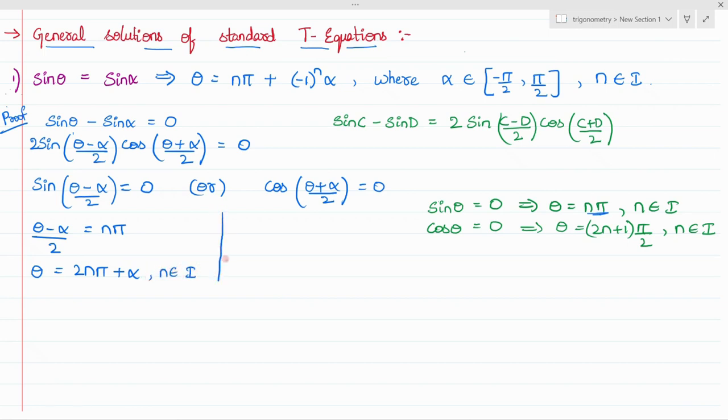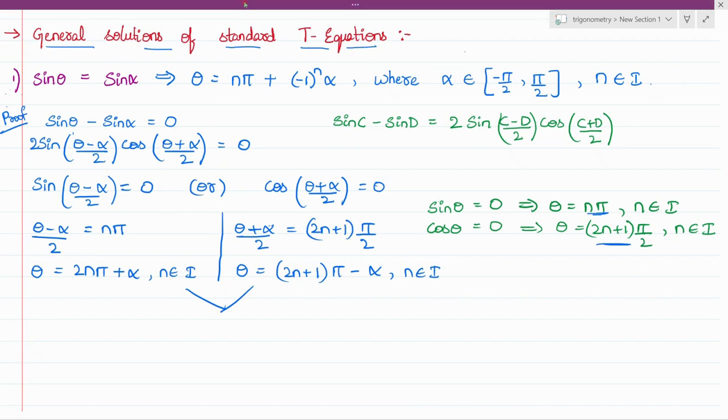Or use the cos theta simple equation, that is theta plus alpha by 2 will be 2n plus 1 times pi by 2. When you take theta over here, it becomes 2n plus 1 times pi minus alpha, where n belongs to all the integers. So just combine these two solutions.